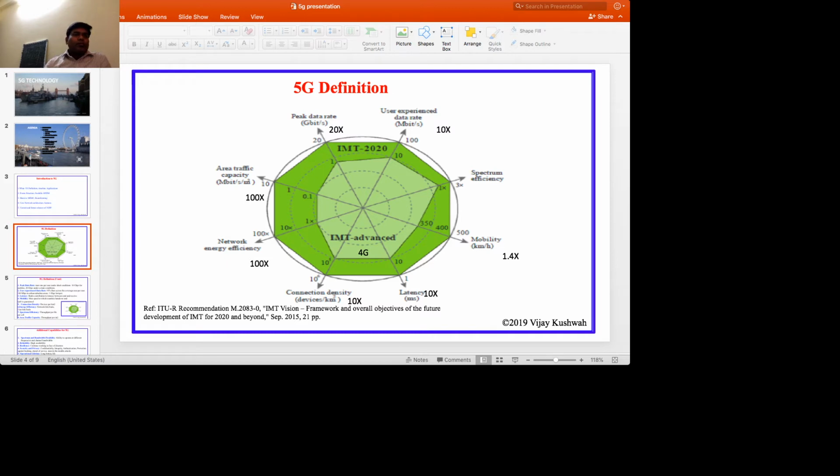The way to specify the requirements is to fill in 8 dimensions. You can see in the slide 8 dimensions, like peak data rate, user experienced data rate, spectral efficiency, mobility, latency, and so on. What should be the peak data rate in 2020?